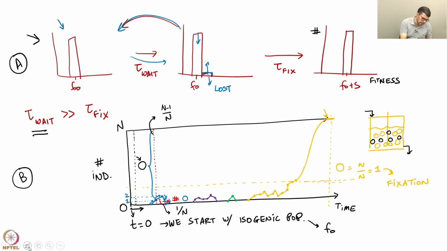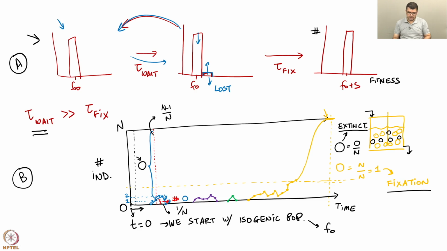On the other hand, if I were to ask what is the frequency of this genotype at this point, that is now 0 upon n, which means this genotype has become extinct. So, one has reached fixation and the ancestral genotype has become extinct.